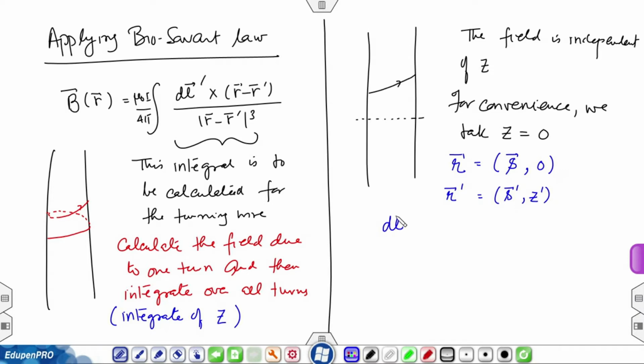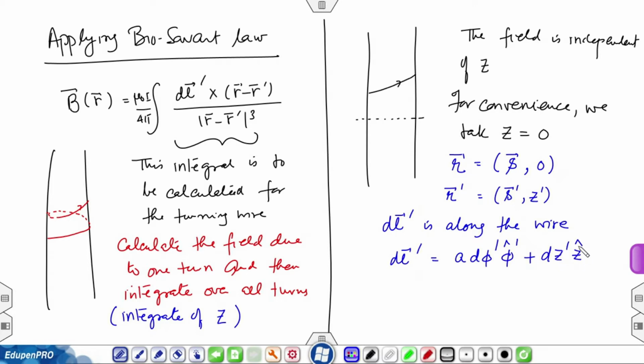dl prime is along the wire. So, along the wire dl prime is equal to 1. When it turns, it is going to move in the phi direction. So, that is going to be a times d phi prime, a is the radius, in the phi prime direction, plus it is going to move in the z direction. So, that is going to be d z prime in the z direction.